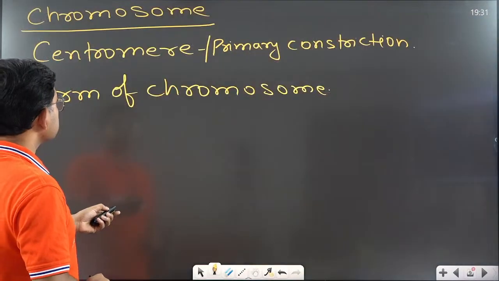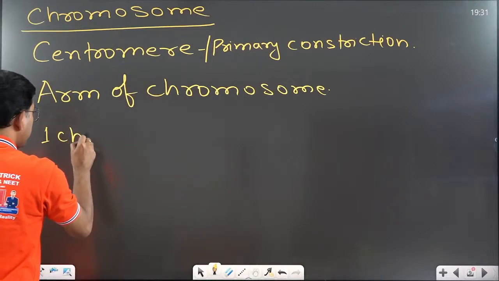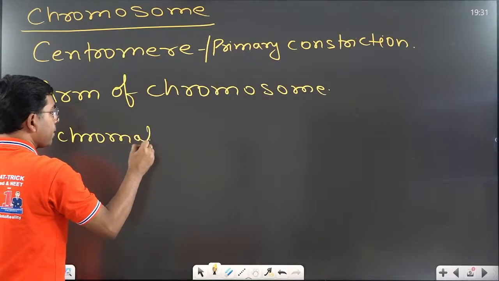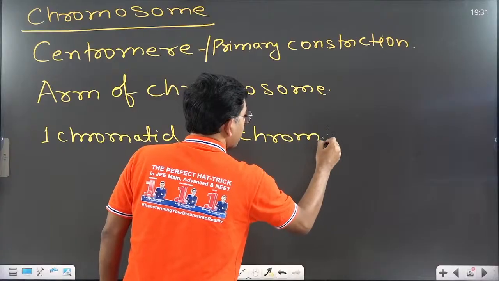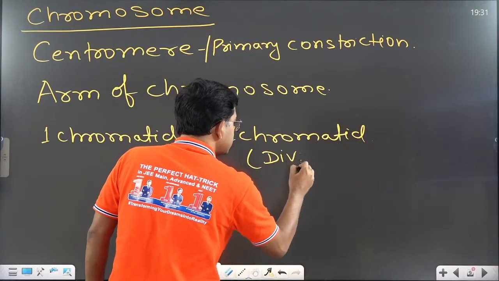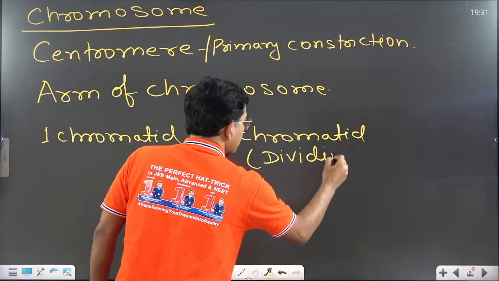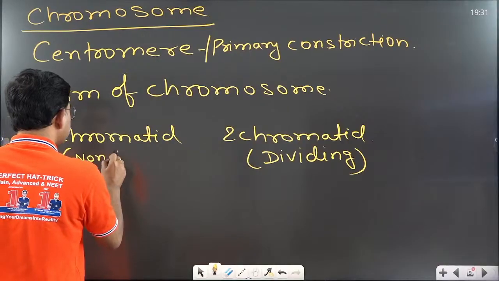Then a chromosome can have 1 chromatid or it can have 2 chromatids. When it has 2 chromatids, it means it is in which form? It is dividing. And when it has 1 chromatid, then it is non-dividing.